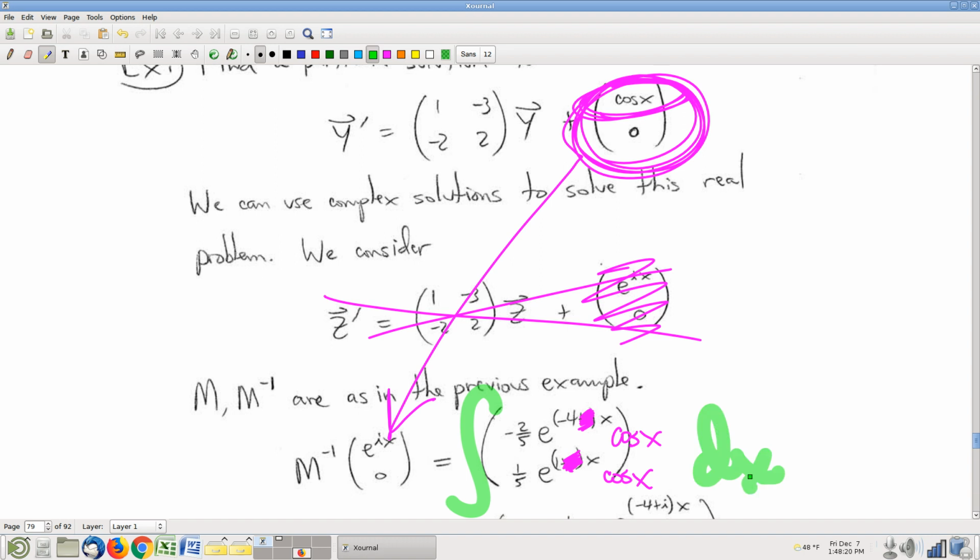Let's consider this prospect, taking an antiderivative of two different components. Each one of these two different components is an exponential times a trig function. Do y'all remember how to do antiderivatives of exponentials times trig functions?